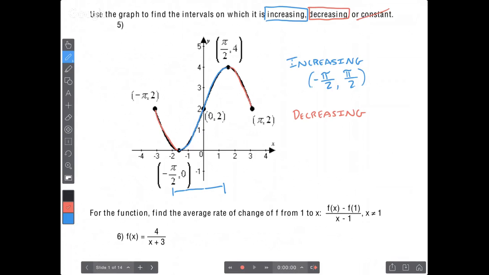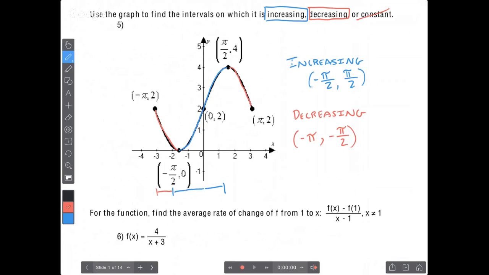It's decreasing from negative pi to negative pi over 2 on that stretch.